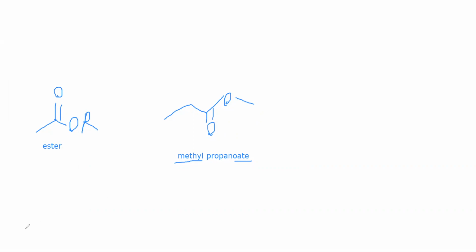If your leaving group is a halogen, either a chlorine or a bromine, although chlorines are much more common, so that's what I'm going to show. This is an acid chloride. And as an example of naming one of those, this has 5 carbons, so it's going to have pent as part of the name.